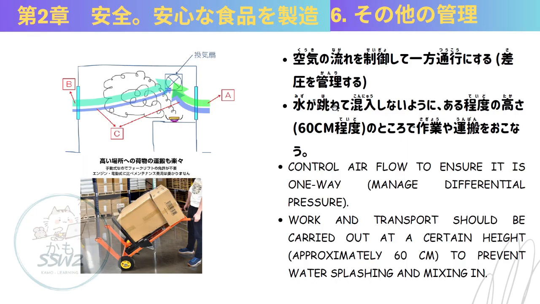Work and transport should be carried out at a certain height, about 60 centimeters, to prevent water splashing into the food product and mixing in. So we need to transport and manufacture them at an appropriate height.